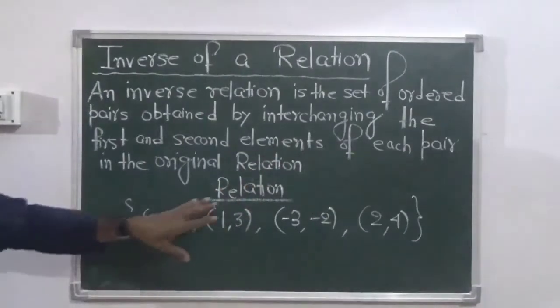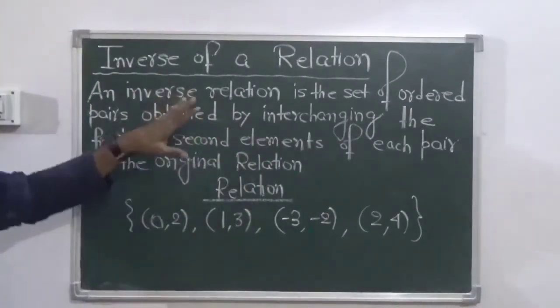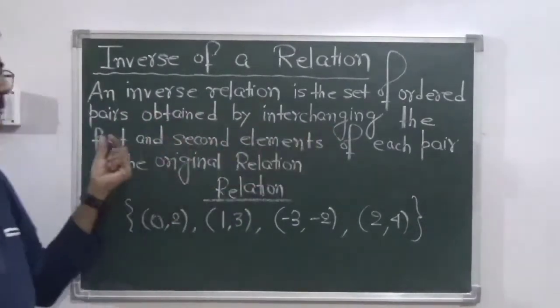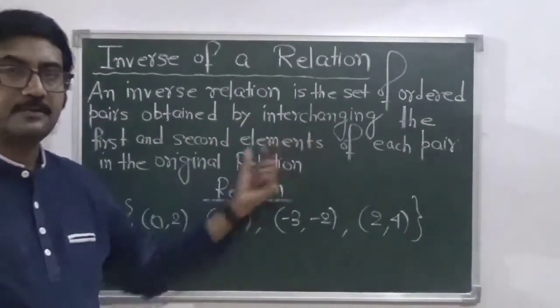Now what will be the inverse of this relation? As the definition says, it is obtained by interchanging the first and the second elements of each pair.